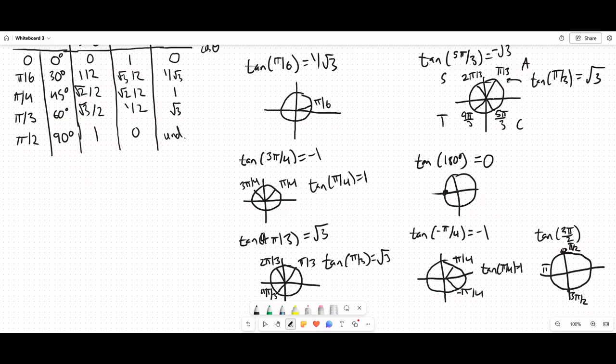But there's something unfortunate about pi over 2, which is that tangent of pi over 2 is undefined. And that's going to be the same for 3 pi over 2. We see that we have a vertical line here. And vertical lines have an undefined slope. So we're just going to write undefined. Okay, so there we go. There's some examples with tangent, just calculating some values of tangent around the unit circle.